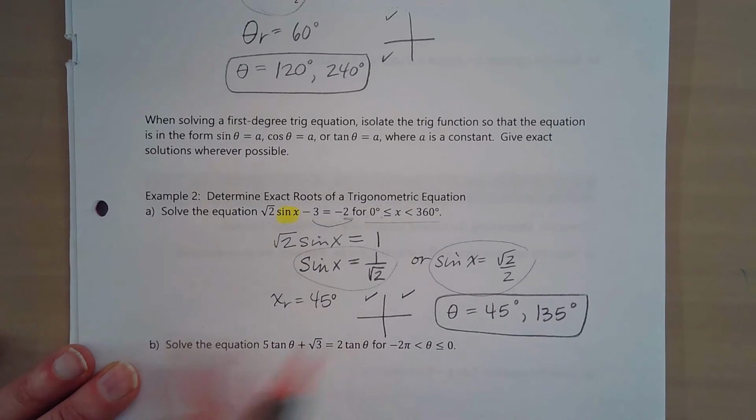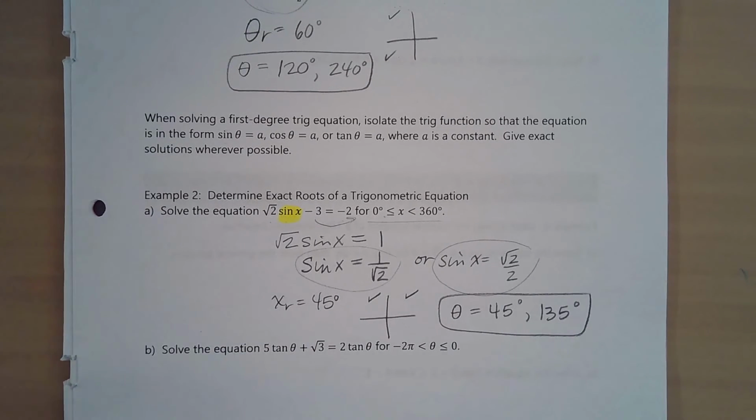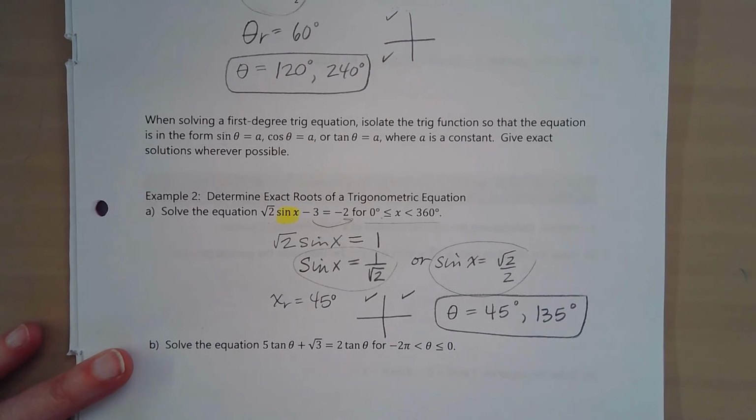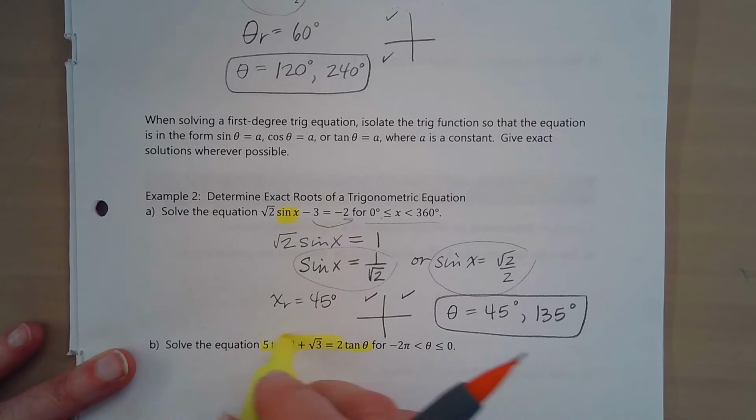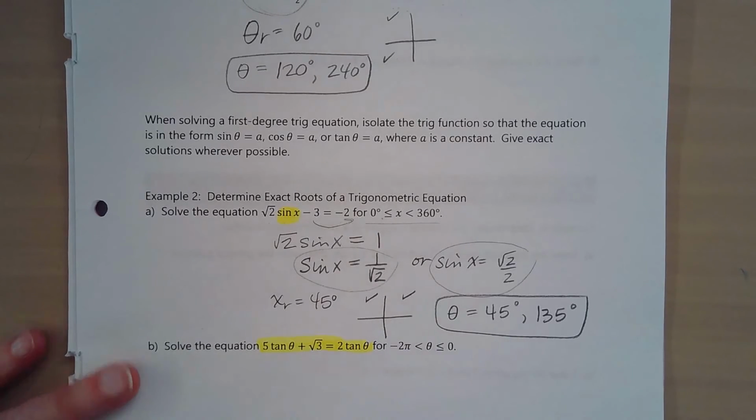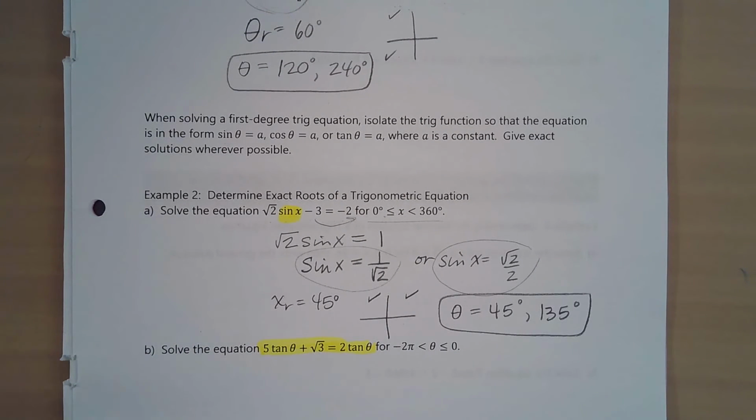Now, notice this is the actual equation. It's kind of hard to see, but the actual equation is 5 tan theta plus root 3 equals 2 tan theta. You've got tan thetas on both sides. So what do your algebra skills tell you to do? Put like terms together. Should we push all our tans to the left? So let's try that.